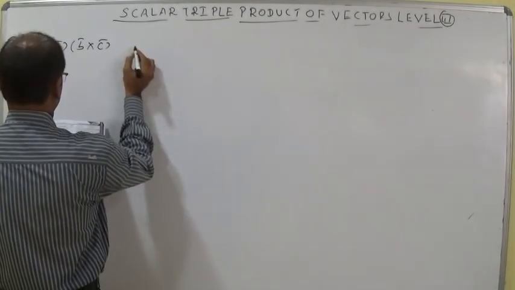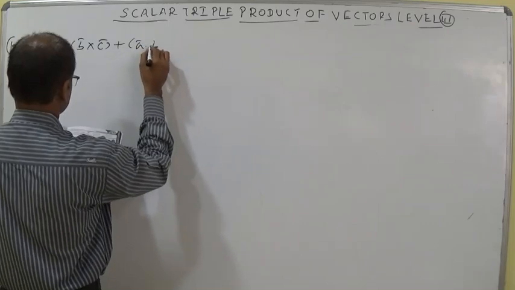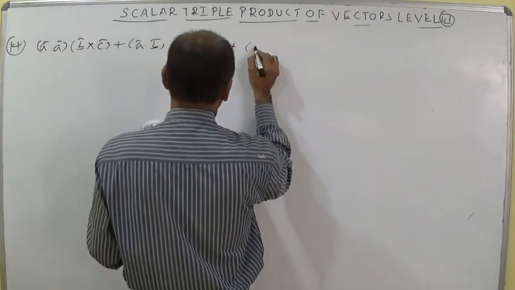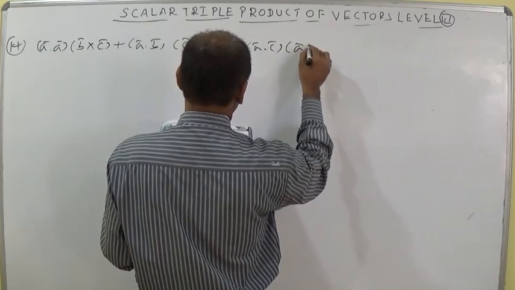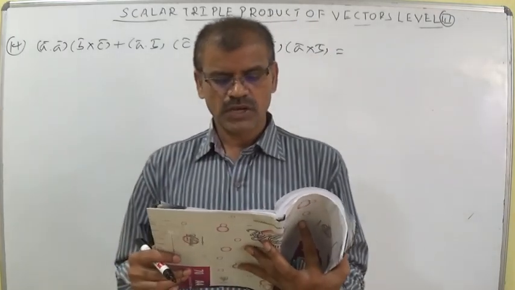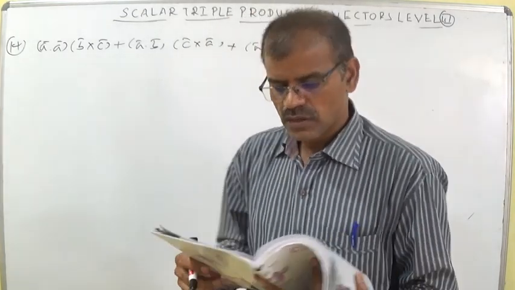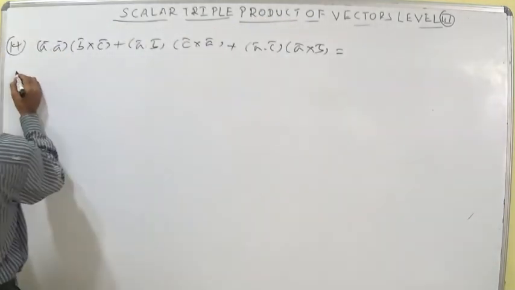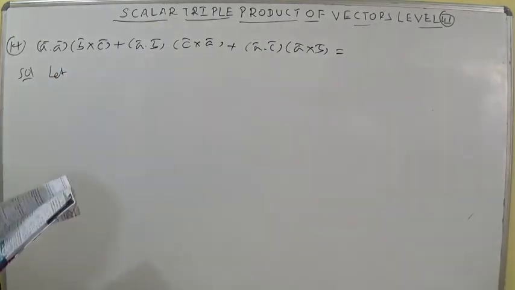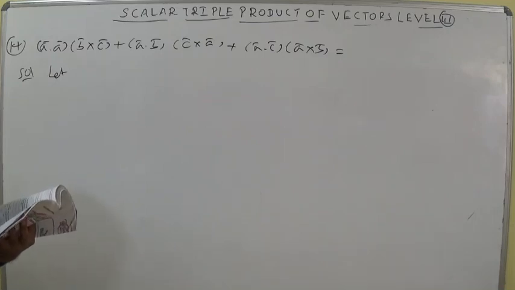A bar dot B cross C, plus B dot C cross A, plus C dot A cross B. This one we should calculate: A dot B cross C plus B dot C cross A plus C dot A cross B. According to the condition, no hint is given, so you should try to understand that a, b, c are three non-coplanar vectors.